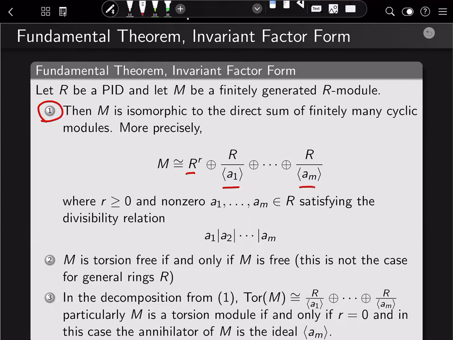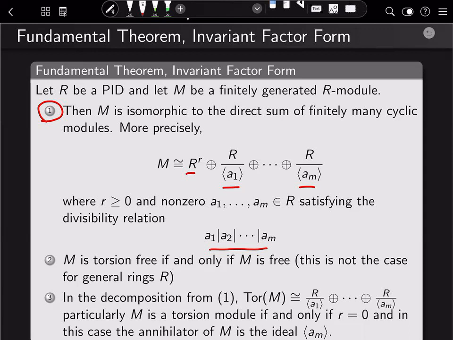So we have the direct sum of R mod some principal ideal, since we are in a PID, and r is non-negative, and a1 through am are elements of R that satisfy this divisibility relation, which comes from our proof of the theorem in the previous video.